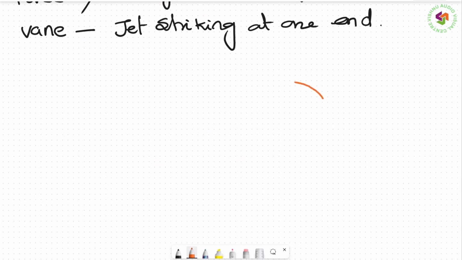So this is the curved vane. You can draw in any fashion, the only thing is that you should draw. I will draw a little bit neater.